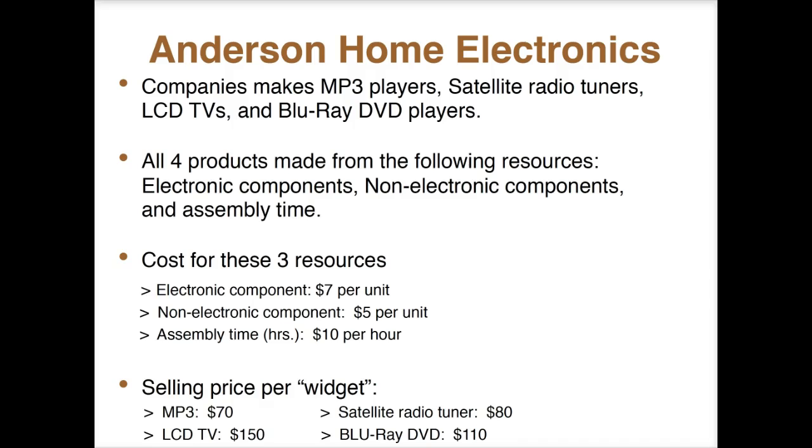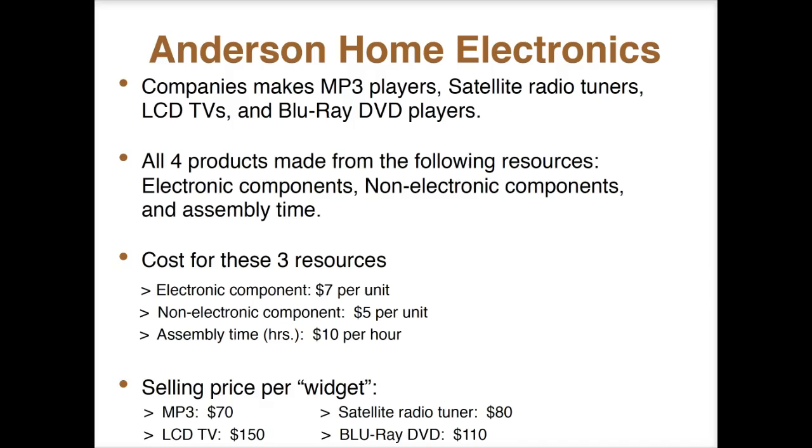We also have the non-electronic components in a bundle package that's negotiated, and that would be $5 for the entire bundle. And then of course assembly time is just how much we pay our workers or how much it costs our automated machines to put these devices together.